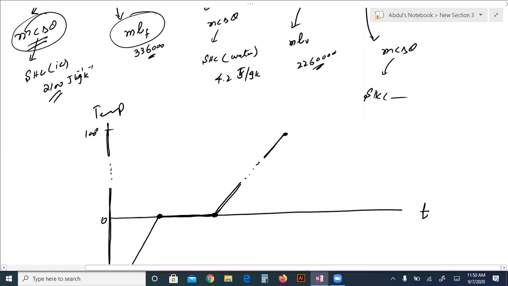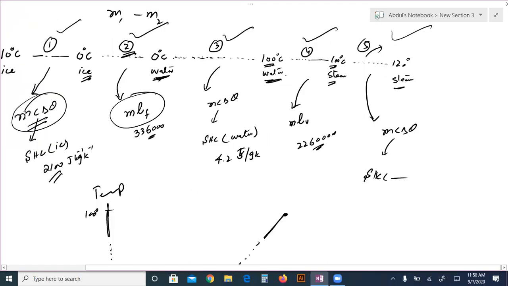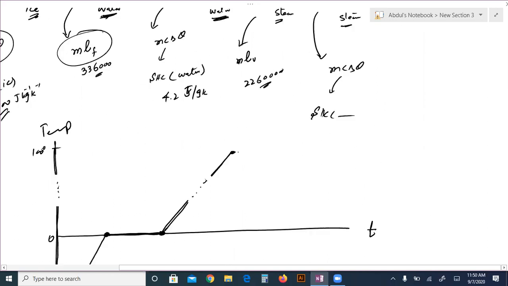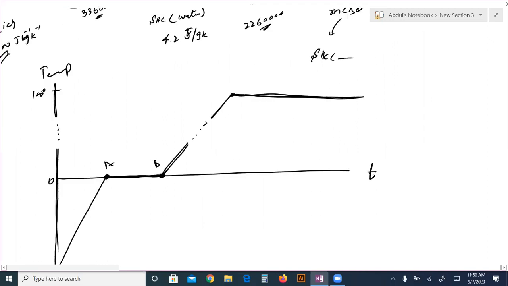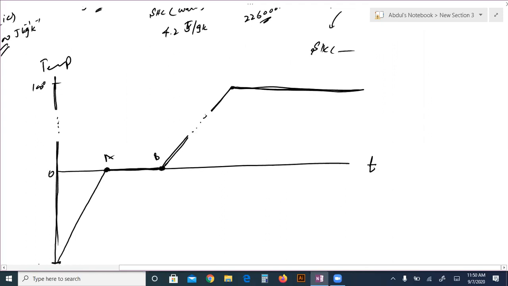And then at 100 degrees Celsius water, it starts boiling. And it will take longer than this because evaporation, the boiling process, requires more energy.